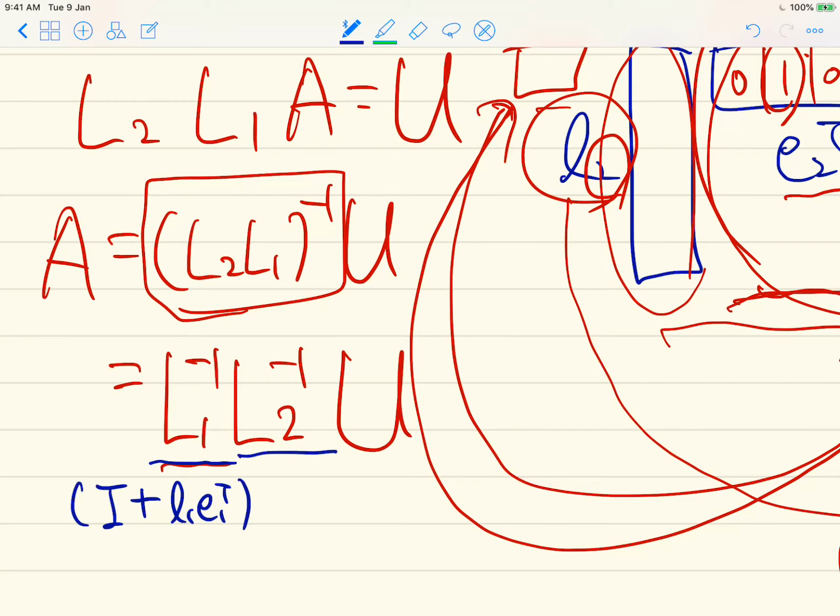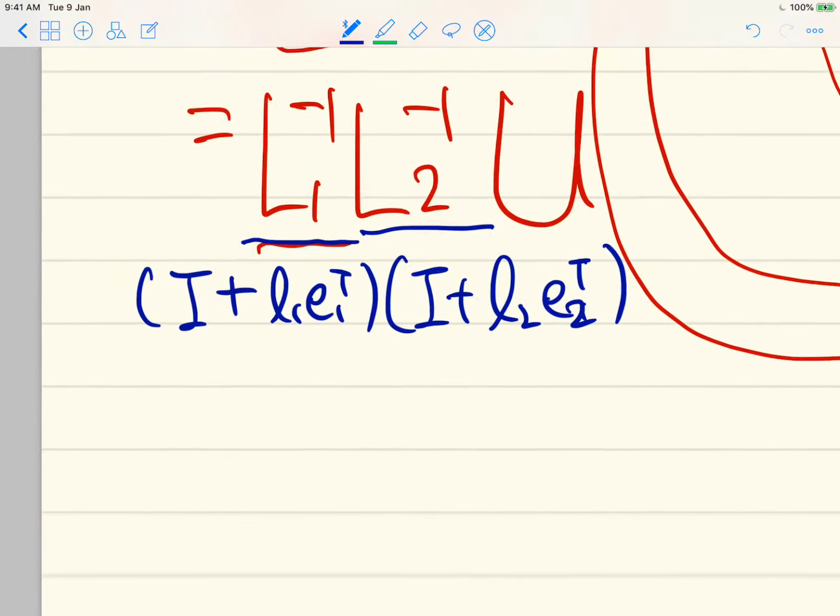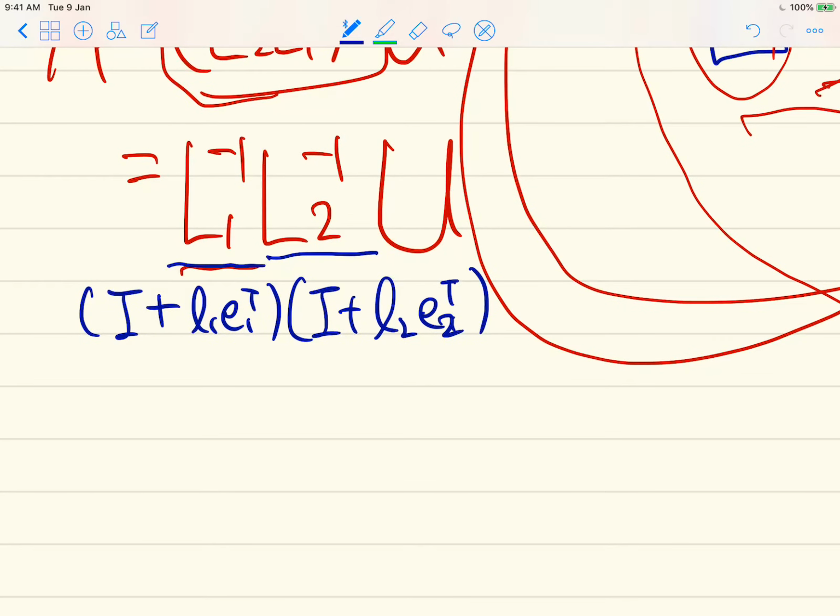And then what about the L2 inverse? It will also be the same, right? I plus L2 and E2 transpose. Okay, and now I want to prove this guy.